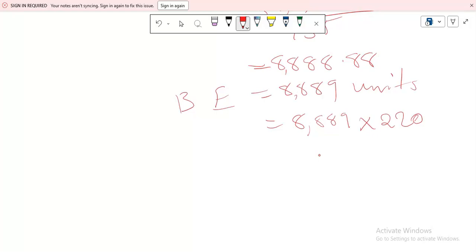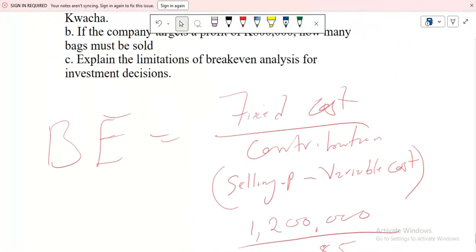What would we have if we were to multiply that by 220? We are going to have 1,955,556. Okay, so this is in Kwacha, while the other one is in units. Alright, so we have found the first answer.